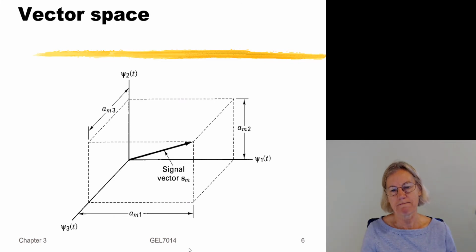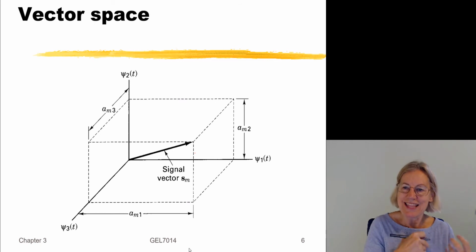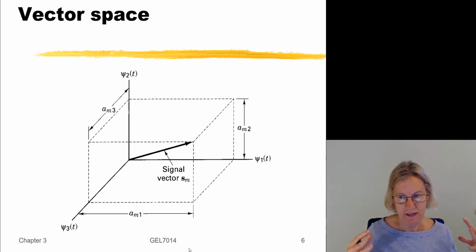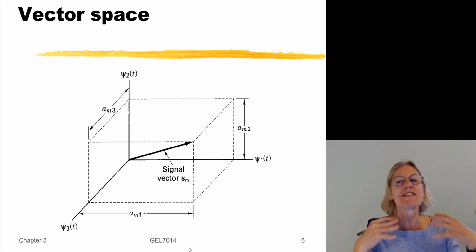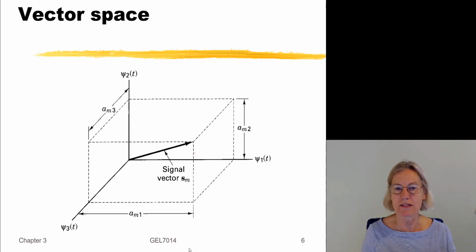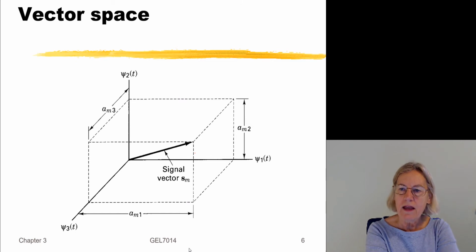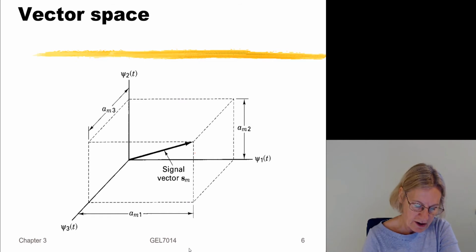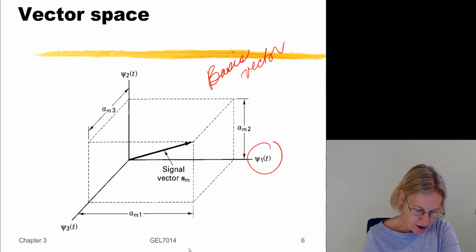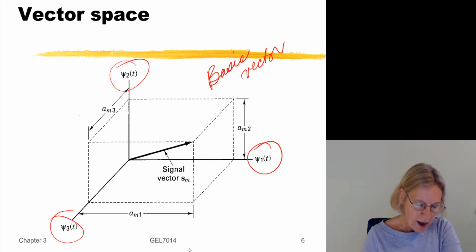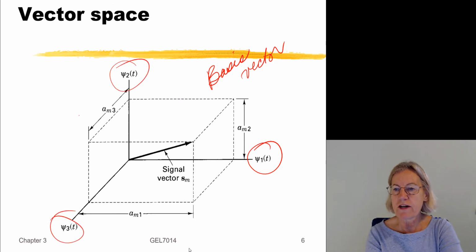What is a vector space? And now what I want to do is take that intuition we have for physical spaces and think of it in terms of a signal space. What's different when we talk about signals? Well, when we talk about signals, that means that I'm going to take a waveform, which is a function of time, and our basis vectors, which are sort of shown here, are also functions of time.